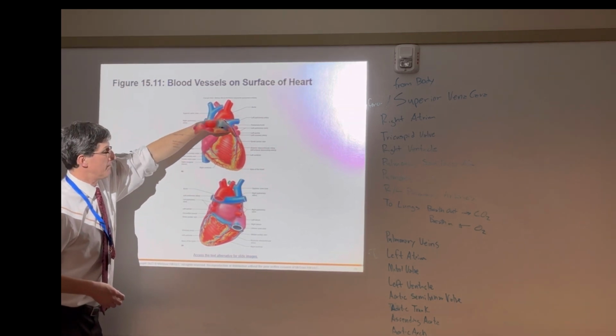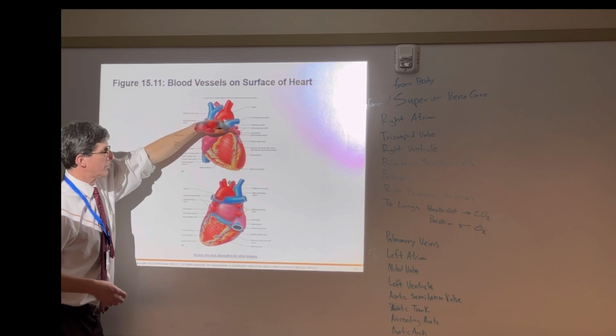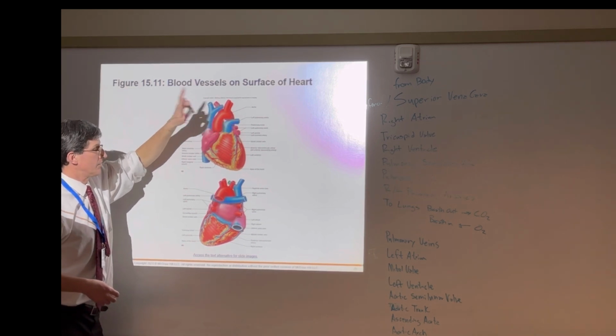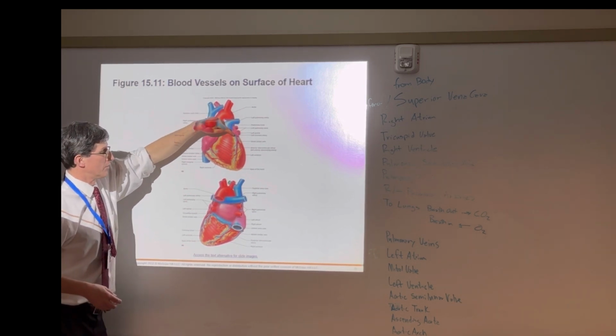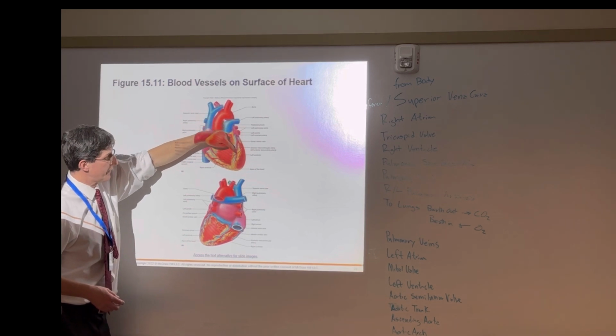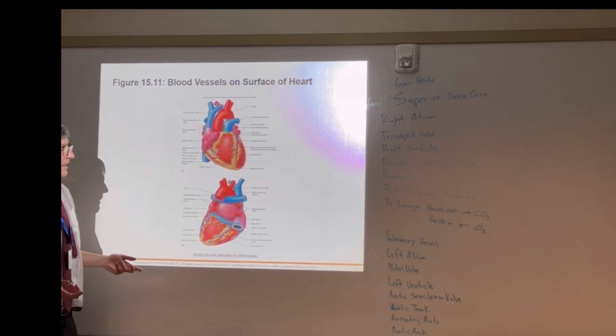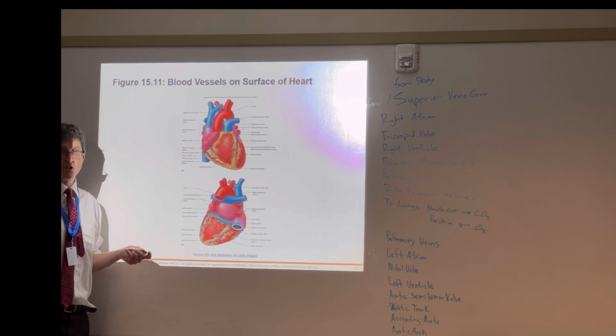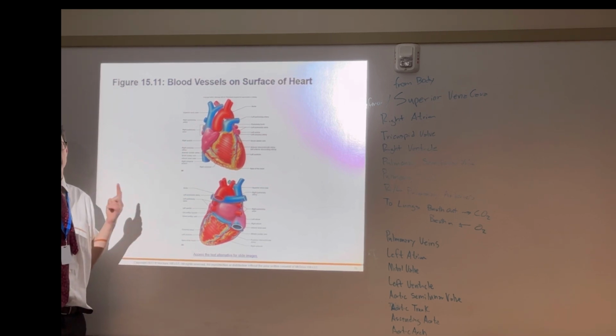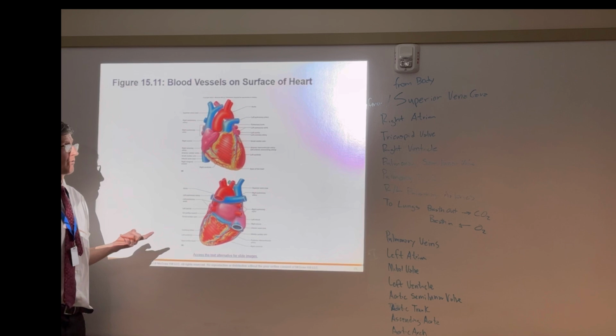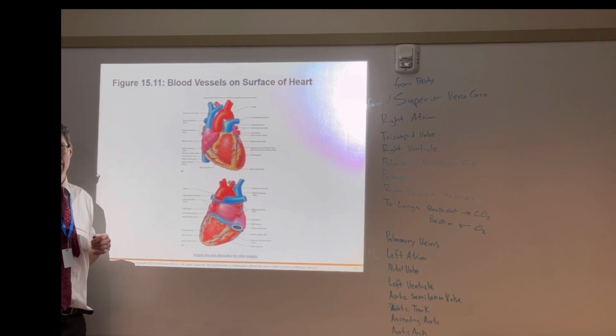But they both come from the aortic trunk. And then the left coronary artery then has two main branches. The one main branch goes right down the front of the heart in between the two ventricles. It's got a couple different names. One of them is the anterior interventricular artery. So what is that? Break down that word and tell me what that means.